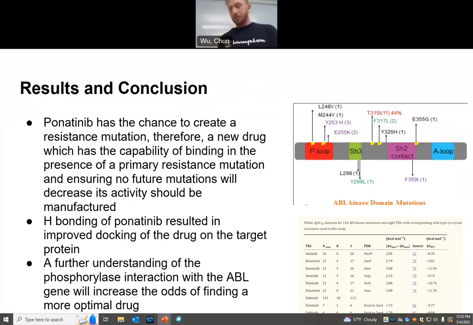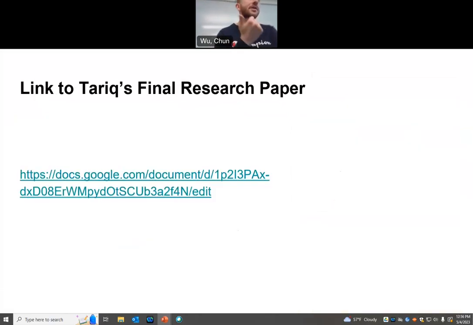And the table below it compares the binding affinity of drugs to the target protein, with Ponatinib having the best score. The next generation drug needs to achieve better affinity to move on with this trial, which is the concluding point from this whole study. And this is the link to Tariq's final research paper, the bioinformatics.